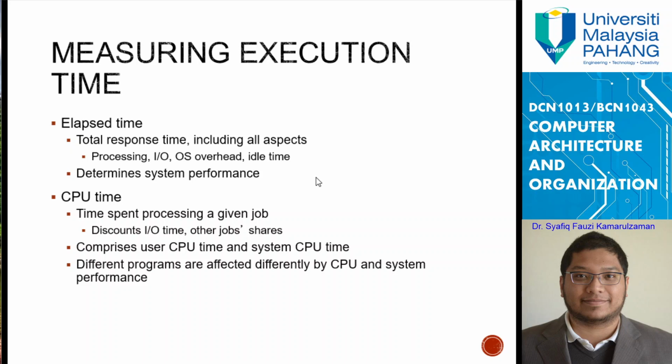CPU time is the time spent processing a given job, which, for example, discounts the I/O time and other job shares. It also comprises user CPU time and system CPU time. Different programs are affected differently by the CPU and the system performance, so that's why CPU time might vary according to the program.